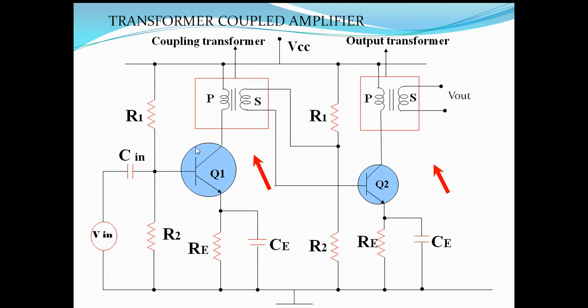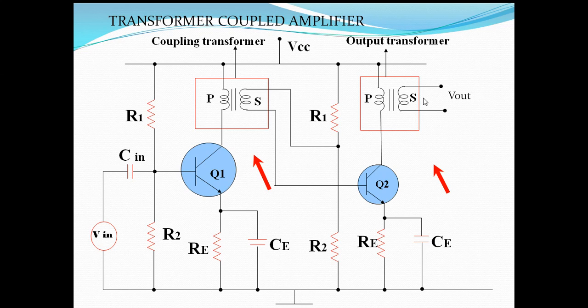Except for this transformer, the remaining components are the same as the RC coupled amplifier, R1, R2, RE, CE. Instead of RC, we are using a transformer here. Therefore, the primary winding is connected to the collector of the first stage, and the secondary winding of the transformer is connected with the input, that is the base of the next stage.